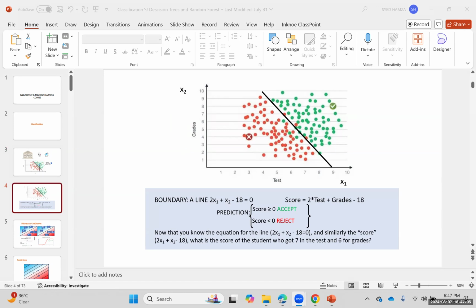But this line does not predict any future values for you, as this is part of the classification-based algorithms where the target variable is categorical in nature.